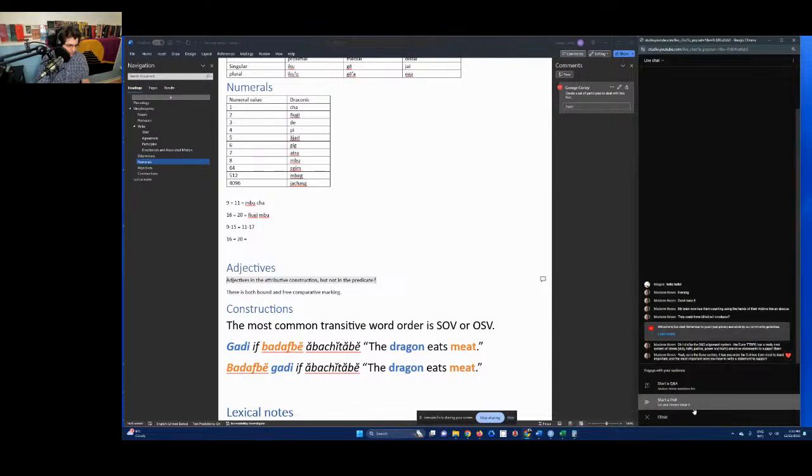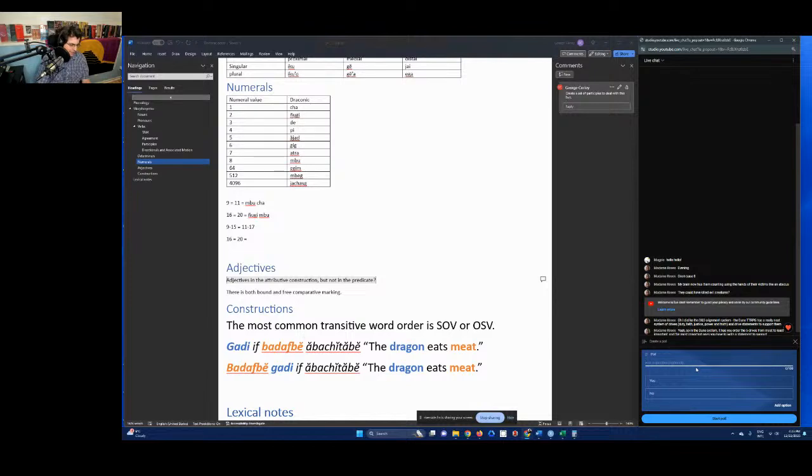Let's run a couple of polls. Let's just say first, are powers of 8 transparent, like 2 times 8, 3 times 8?